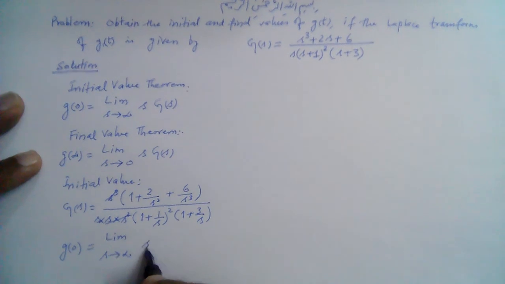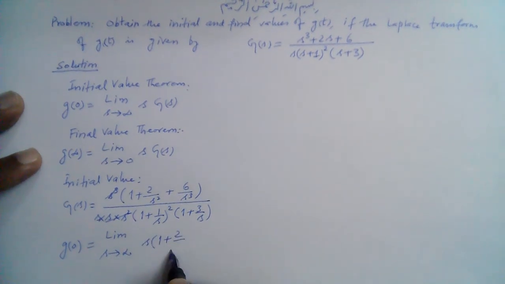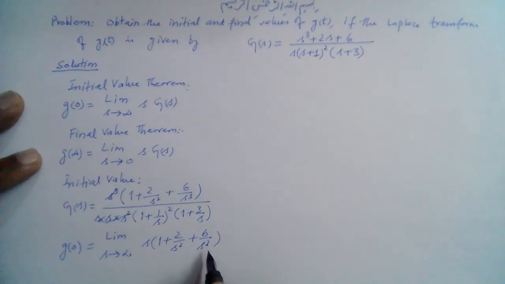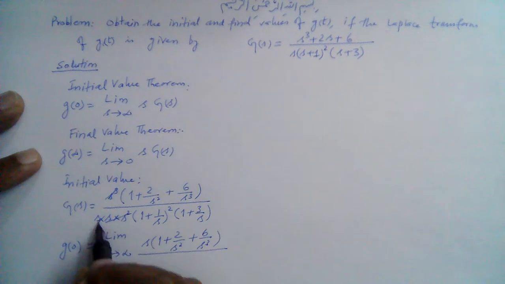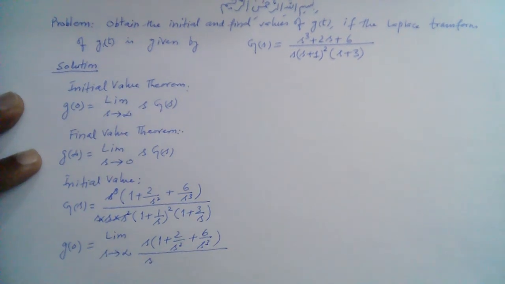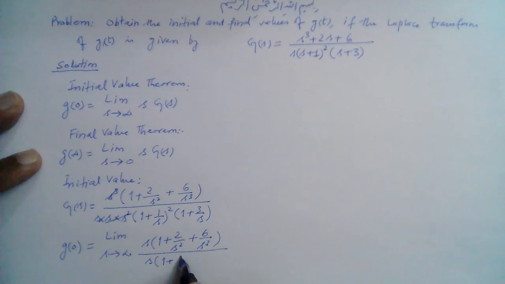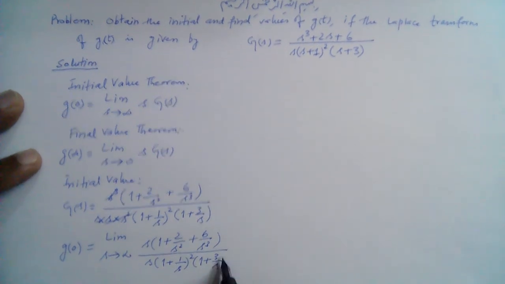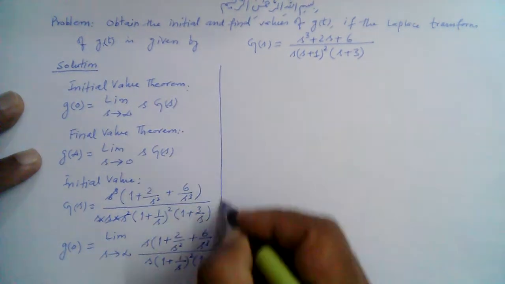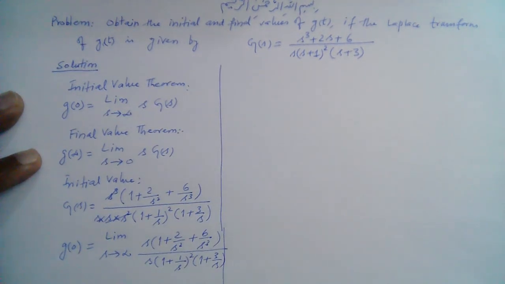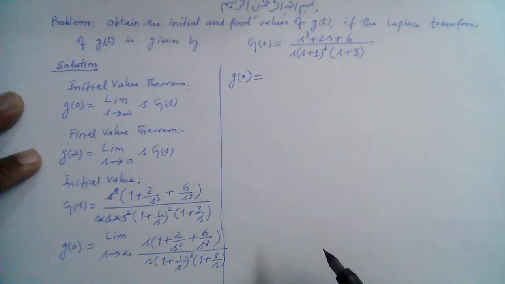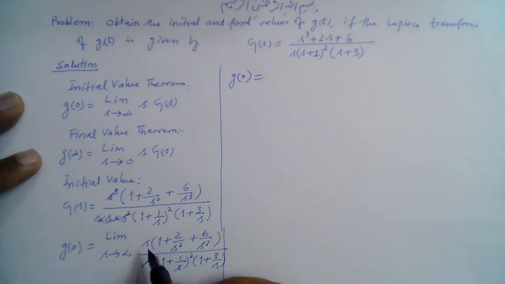So this is s into (1 plus 2 over s square plus 6 over s cube), divided by the leftover s, into (1 plus 1 over s square) into (1 plus 3 over s). Now we are ready to apply the limit, the initial value at 0, and this s cancels out with this s, right?